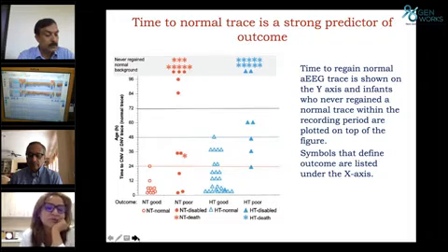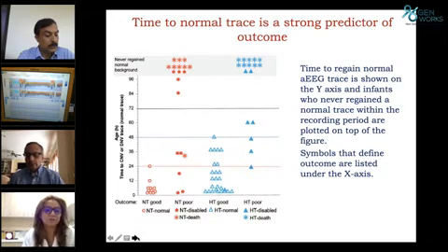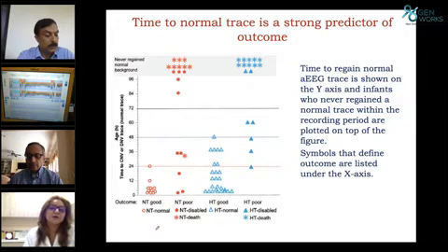On this axis, you can see the time when the continuous normal pattern came into place. This is the age, like 12 hours, 24 hours, 36 hours, 48 hours. So this is when the time to normal trace has come. If the baby is normothermic, the time when the trace would come to normal is less than 24 hours.